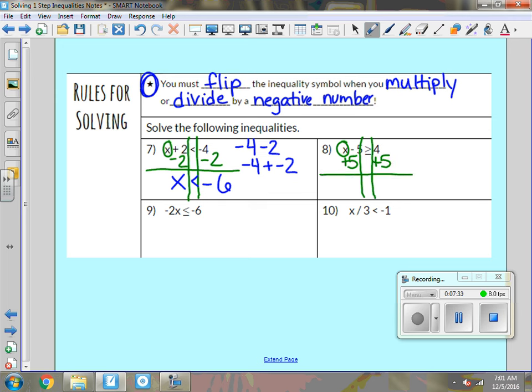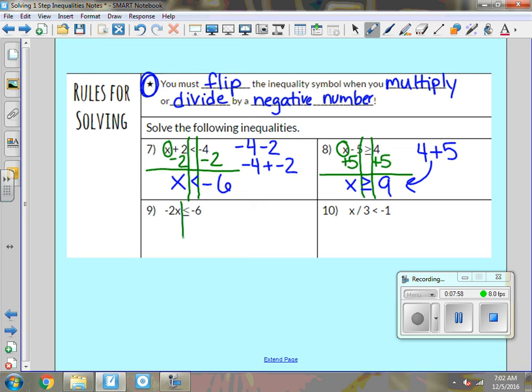And when I figure out my solution here, I had x minus 5, then I added 5 to get rid of it, so now I just have x. I had 4 plus 5 over here, which gives me 9. And then I'm looking, did I multiply or divide by a negative number? Well, I just added 5, so I'm going to keep the exact same sign. These are like baby equations because there's only one number to get rid of.